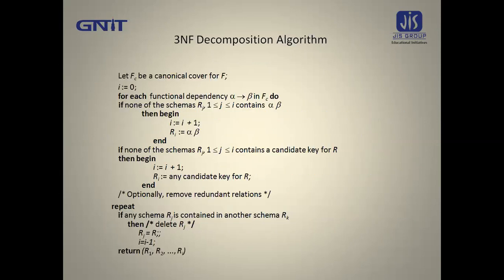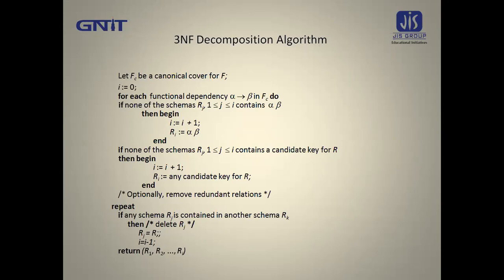So this is the 3NF synthesis algorithm. Let Fc be a canonical cover for F, initializing i to 0. Now for each functional dependency alpha implies beta in Fc, if none of the schemas Rj, 1 less than or equal to j less than or equal to i, contains alpha beta, then we begin by i equals i plus 1, Ri equals alpha beta, and we end the process there.